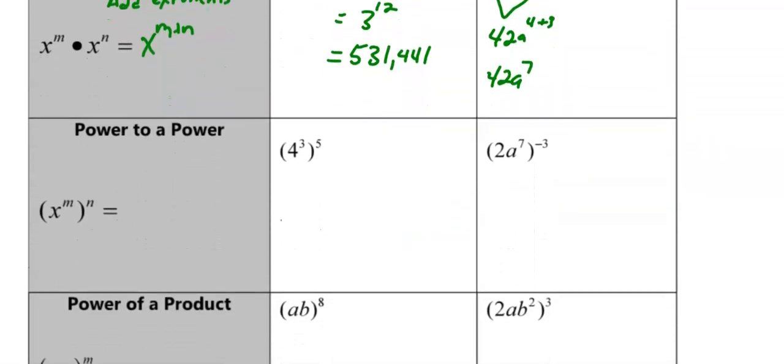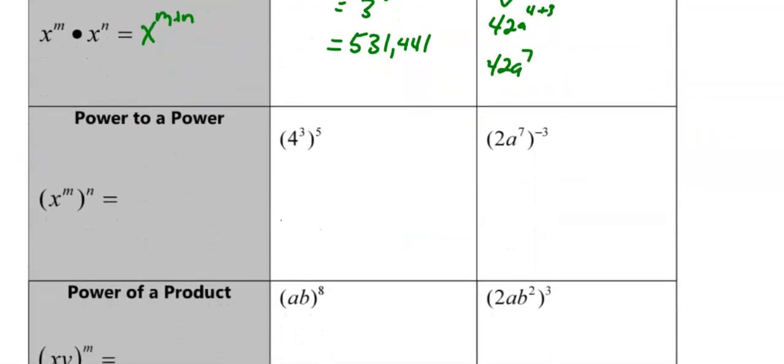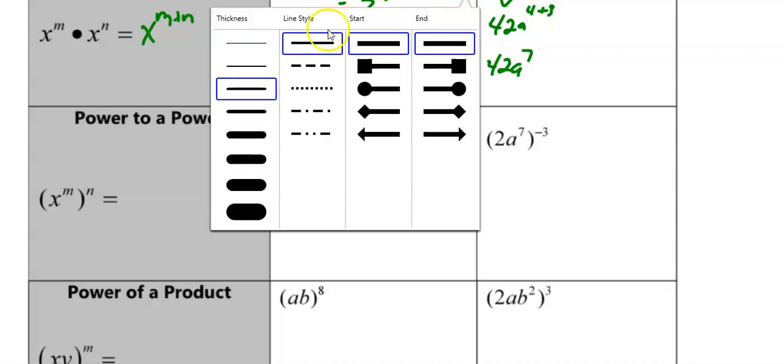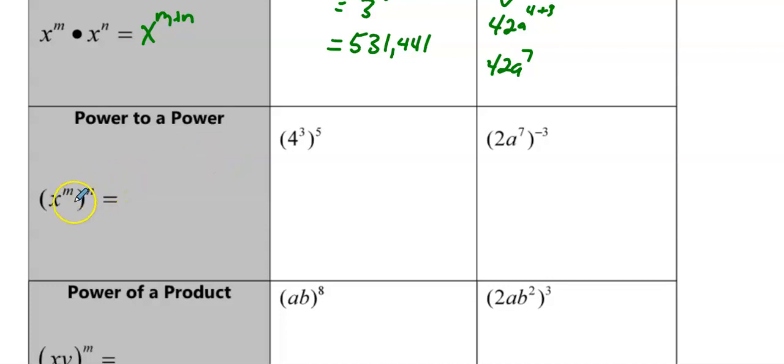As we go to a power of a power, again, paying attention to what the base of the exponent is. In this scenario, we're going to multiply the exponents. So this would be x to the m times n.